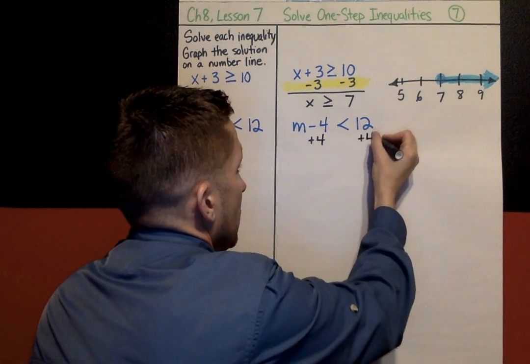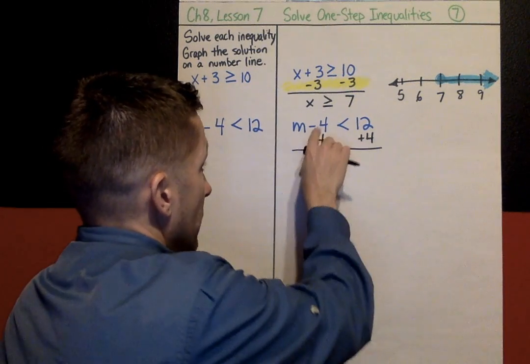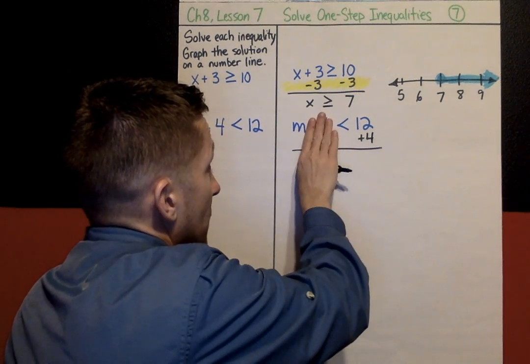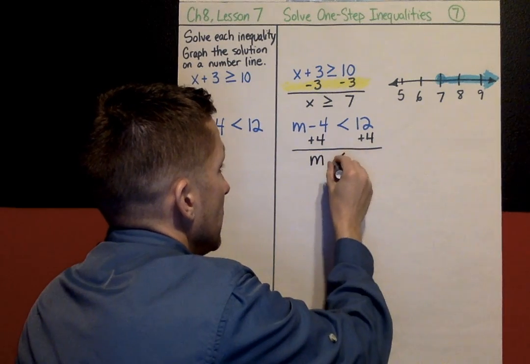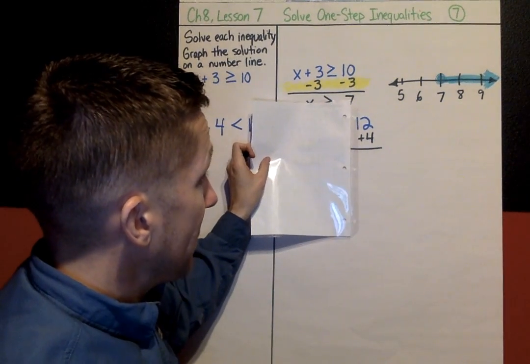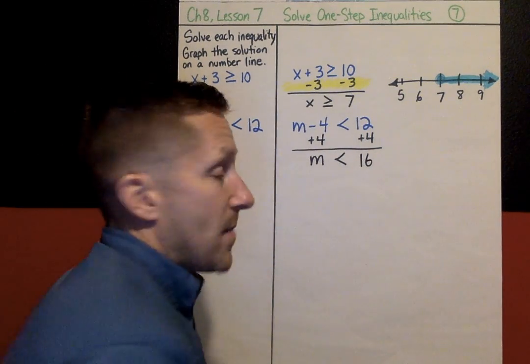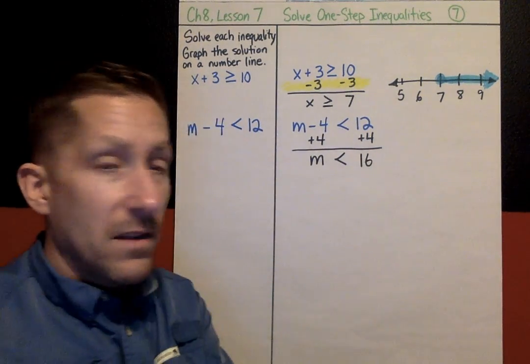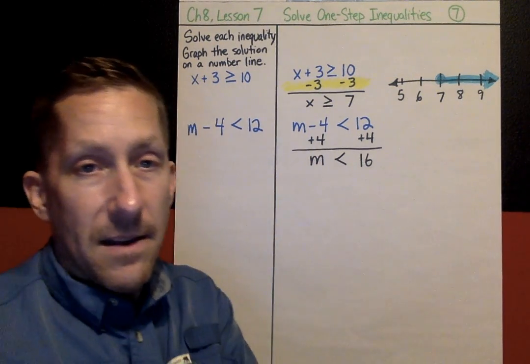But again, got to do that to both sides. Minus 4 and add 4 cancel each other out. I'm left with m is less than, and on the other side, 12 plus 4, 16. So my answer to that inequality is m is less than 16.